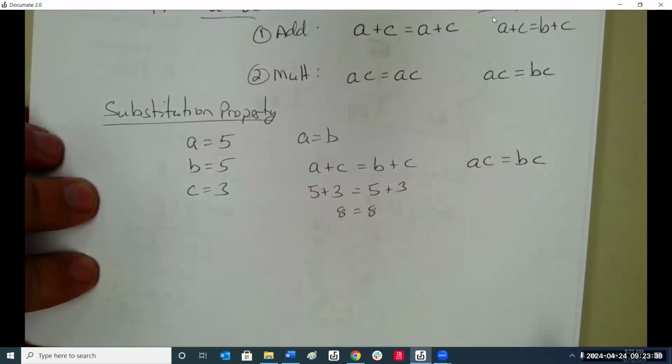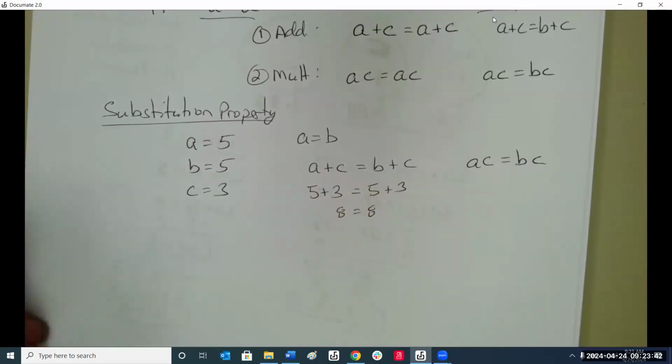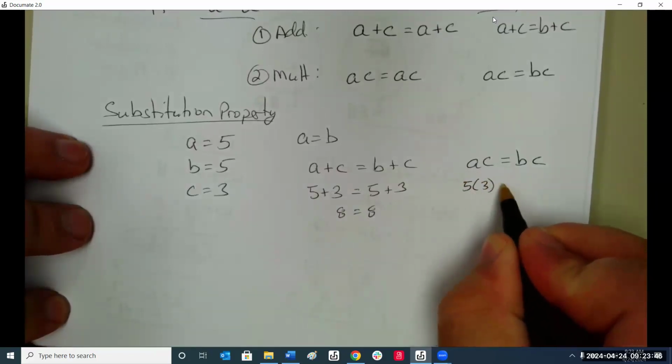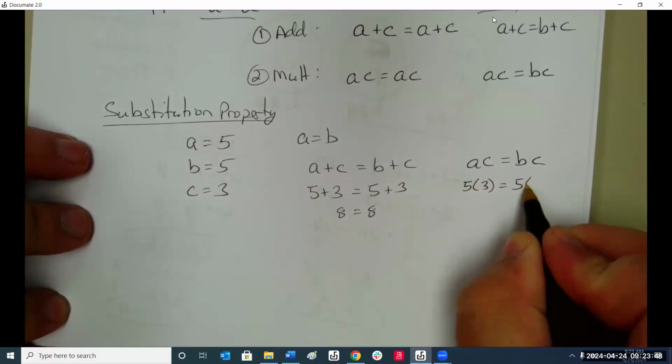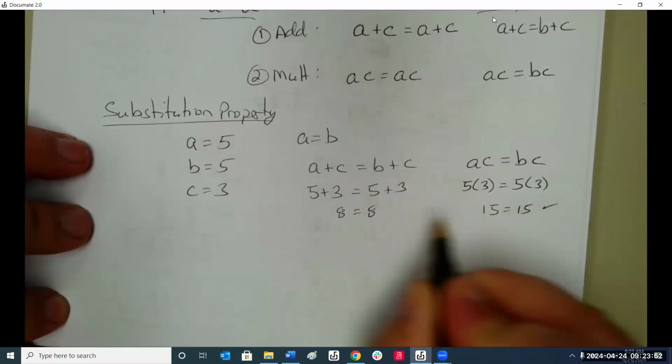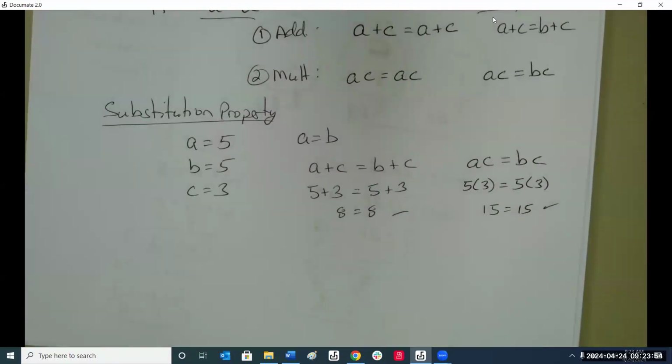They both equal 8. 5 times 3 is the same thing as 5 times 3. They both equal 15. That's the substitution property.